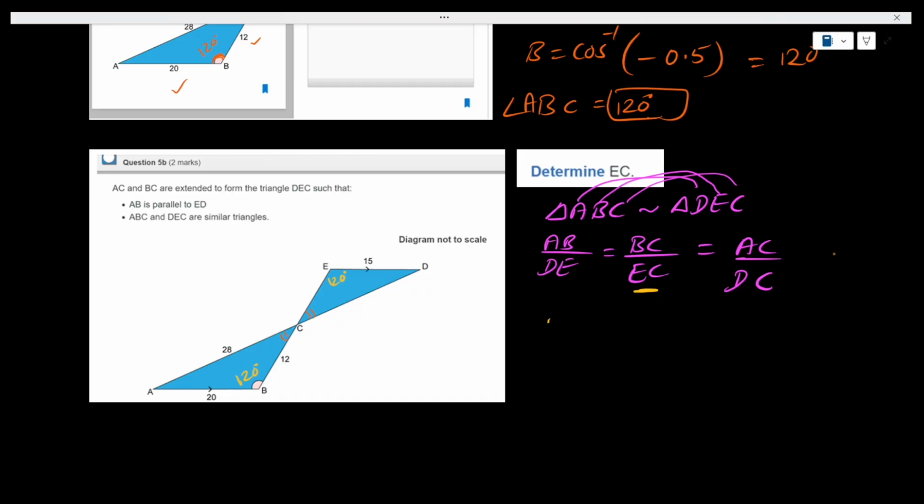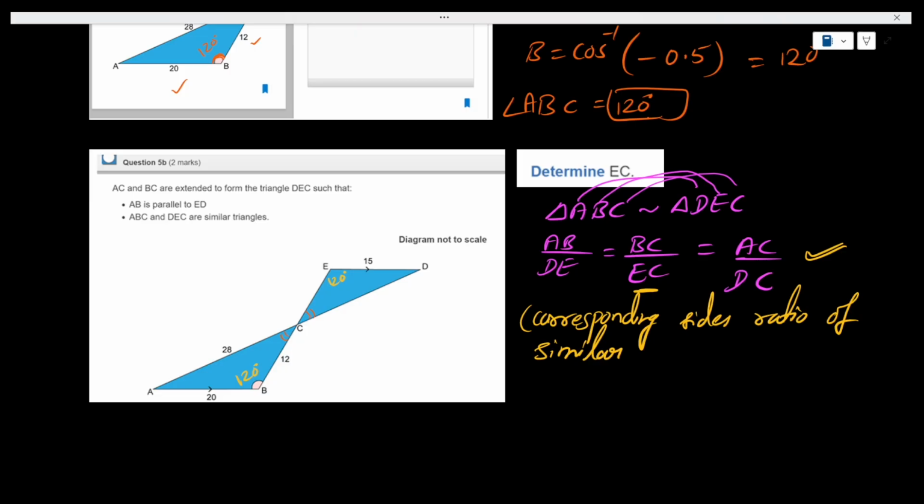Substitute here because corresponding sides of similar triangles are in equal ratio. You need to write down reasoning wherever required so that you don't lose marks in the communication part. Corresponding side ratios of similar triangles are equal or they are in proportion, right?